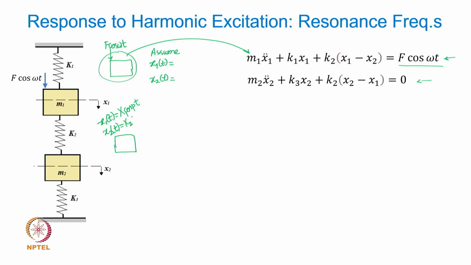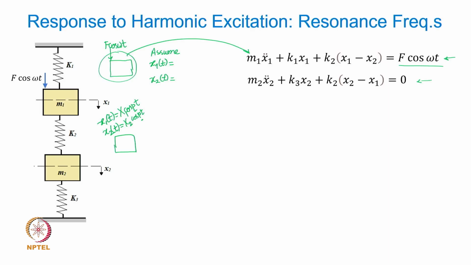So we said that they may have different amplitudes, but they should have the same oscillation frequency. Both the masses will move with the same frequency. With that, we obtained what? Mode shapes, natural frequencies. Here, it is externally excited system. It's not a naturally vibrating system. It's not a free vibration case.